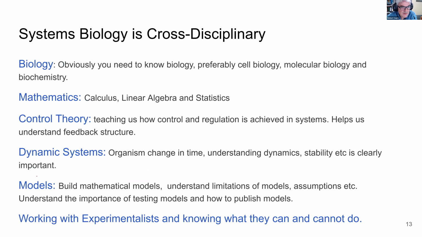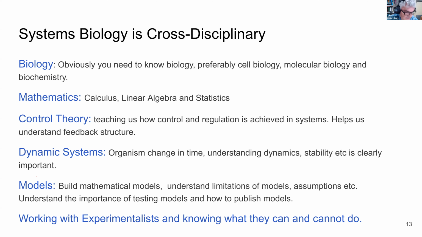So the other thing about systems biology is that it is very cross-disciplinary. It covers everything. When I did my biochemistry degree, the only extra thing I had to know was chemistry, so we did a ton of chemistry. But today, if you want to do systems biology, you have to do a little bit more. Obviously, you need to know biology. You need to know a reasonable amount of math: basic calculus, linear algebra, some stats.